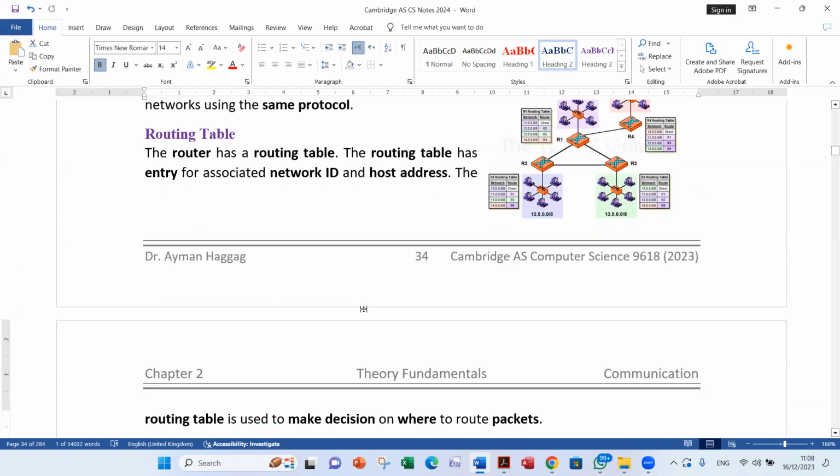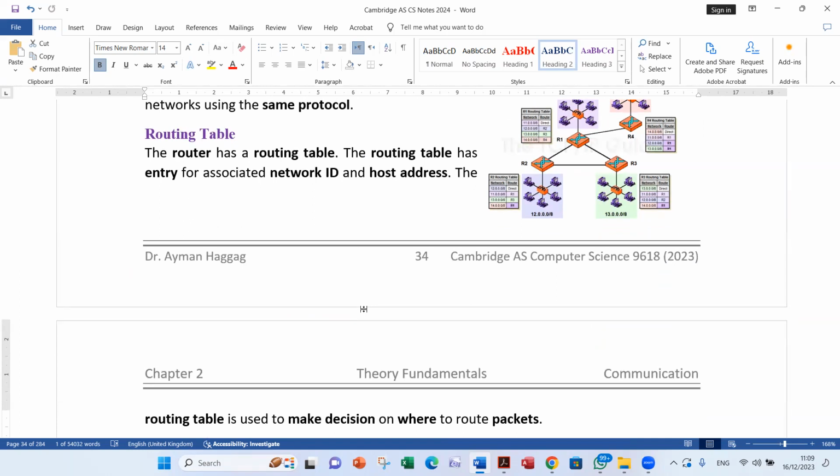Okay, so let us talk about the routing table. The router has a routing table. The routing table has entries for the associated network ID and host address. We will be studying more in detail about addressing. We will study lots of details about networks in this chapter.